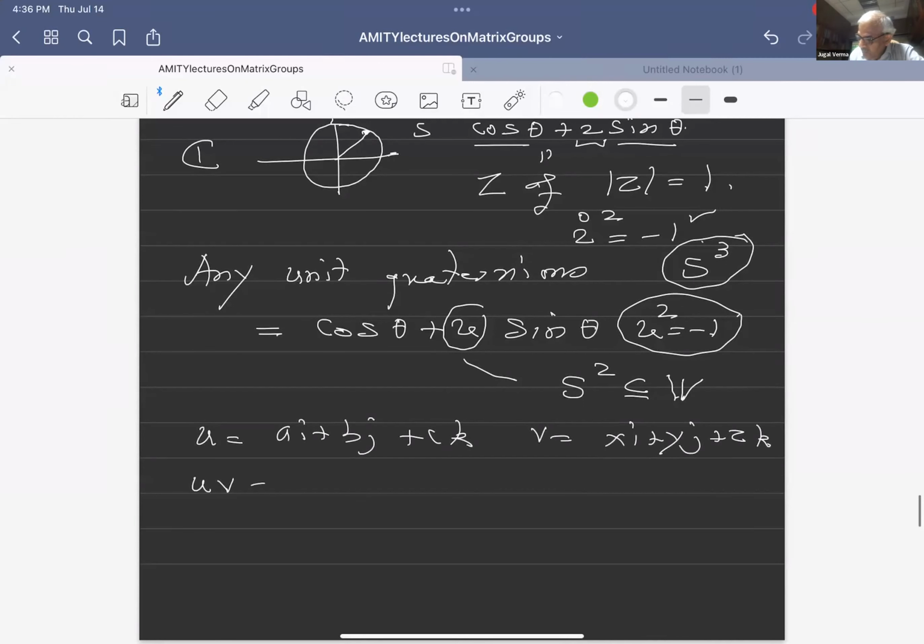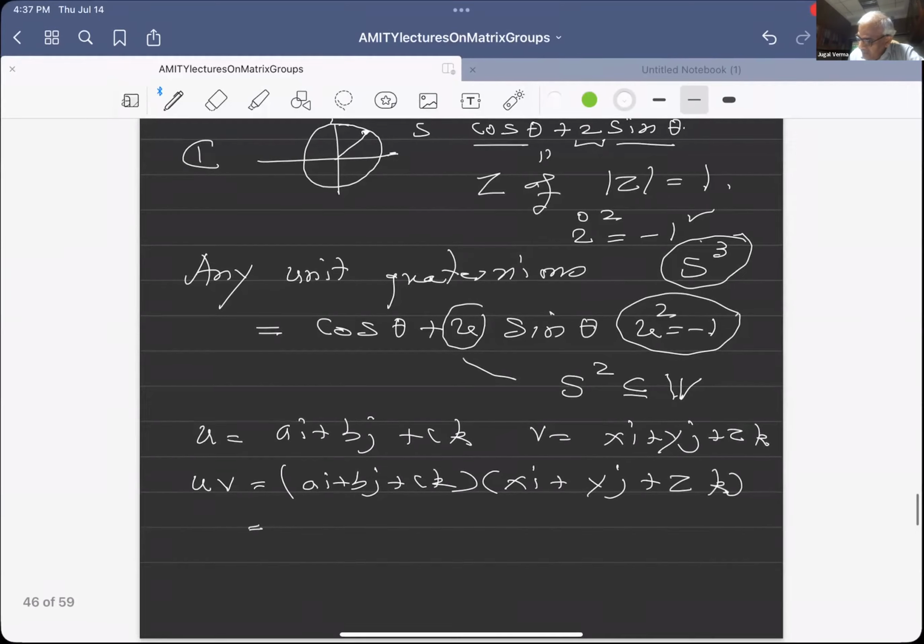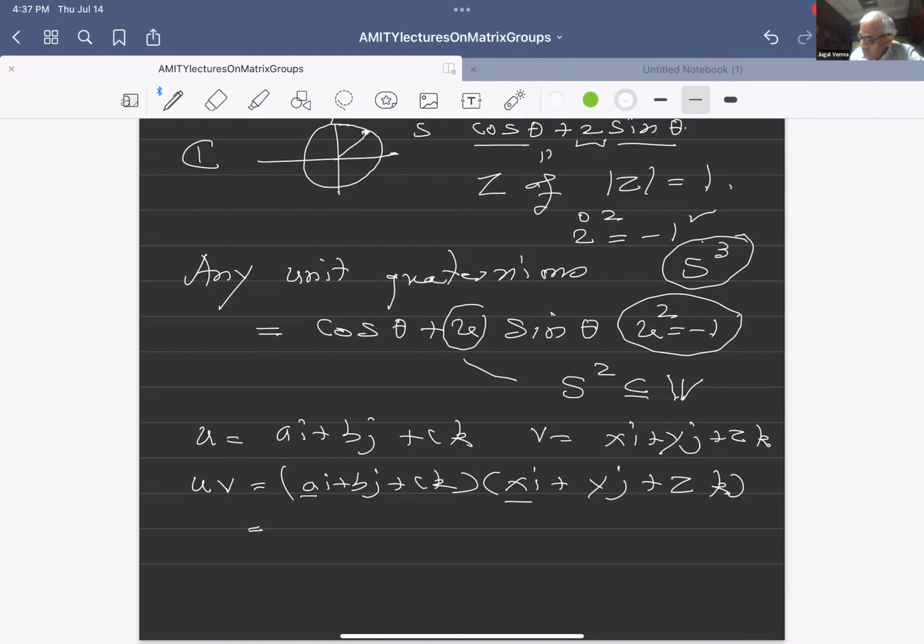So what is u times v? It is (ai plus bj plus ck) times (xi plus yj plus zk). If you multiply them, a times x goes with i squared, which is -1, and b times y goes with j squared, so we get ax plus by plus cz, but with a negative sign.